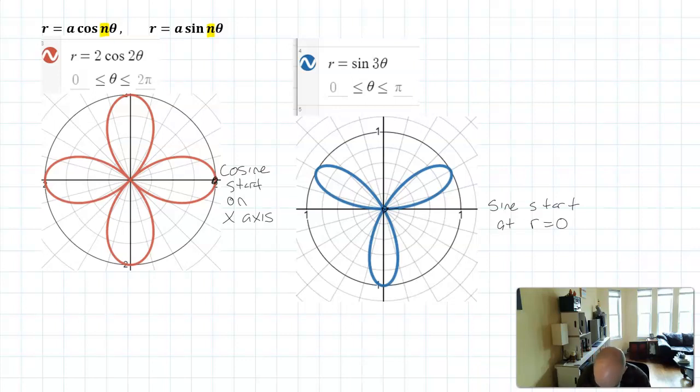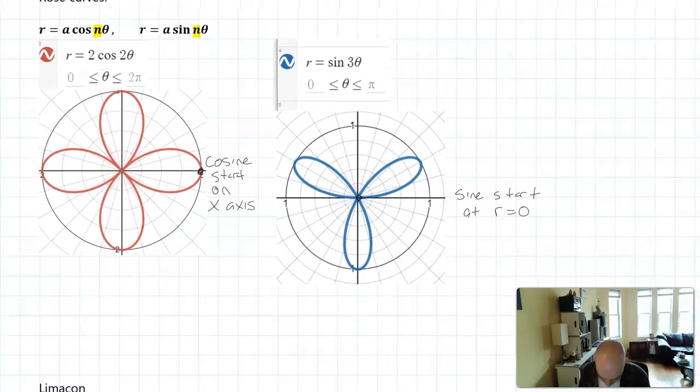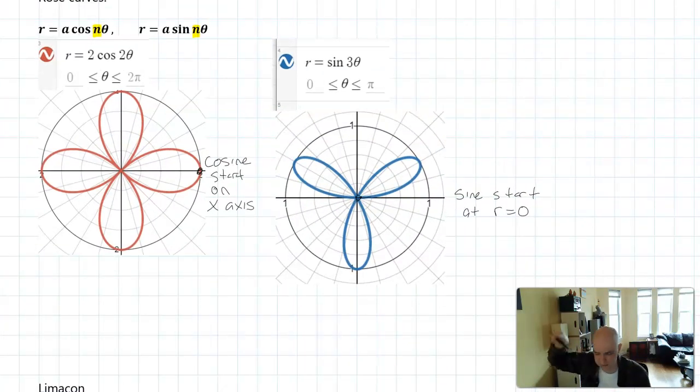So this one with sine, if you were to plot the points, would be drawn in this order, starting at 0. So that's a key difference between a sine Rose curve and a cosine Rose curve. Again, I don't need you to memorize these facts, but I think they're good to know and think about. And that, of course, makes sense because the sine graph starts at 0.